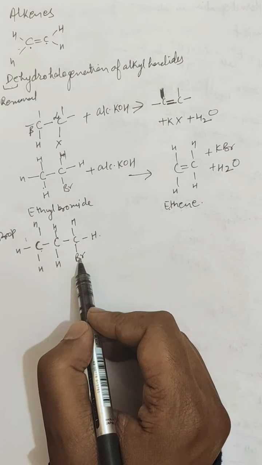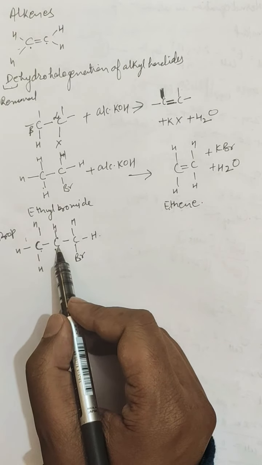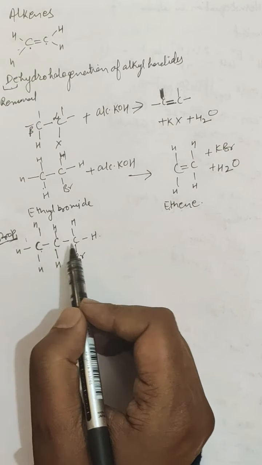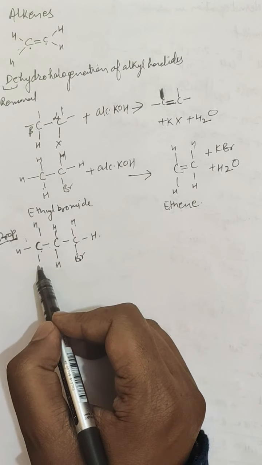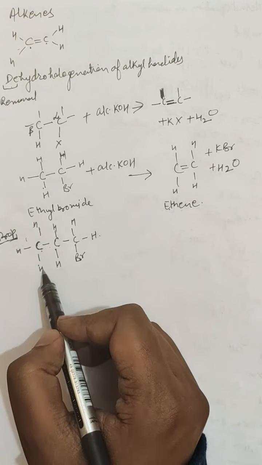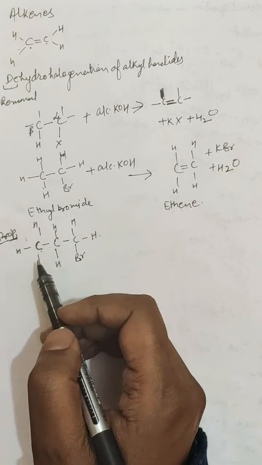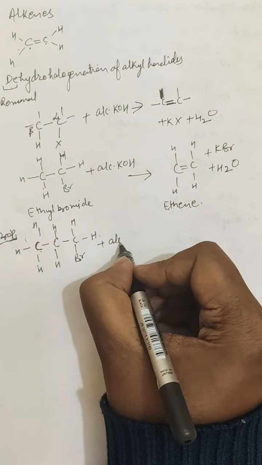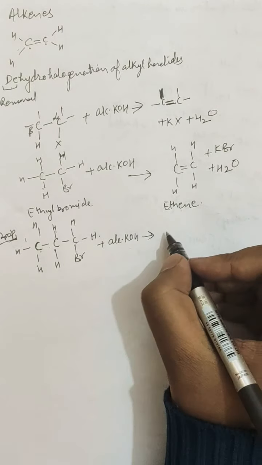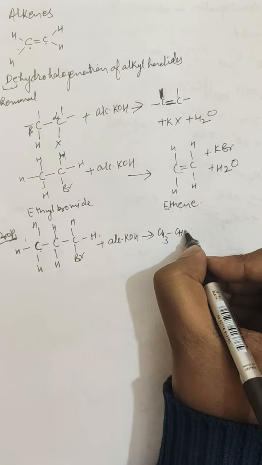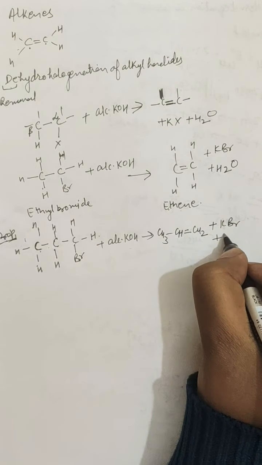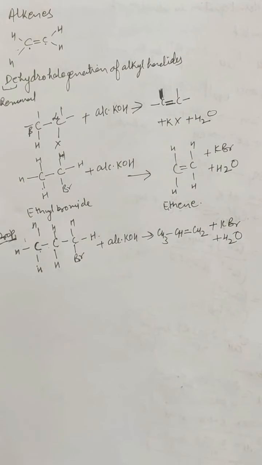If you put this bromine on this carbon, the name of the compound will change, but the basic root of the name will remain the same, that is propyl. Prop means 3 carbons, and if you put this bromine at any of the positions, the name will remain the same, propyl bromide. So when you treat it with alcoholic potassium hydroxide, it will result in the formation of propene. So this is called propyl bromide.